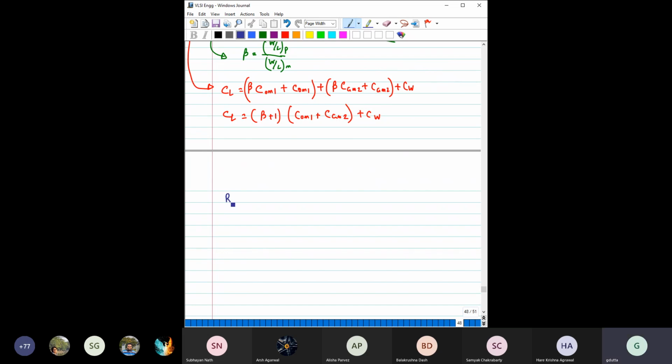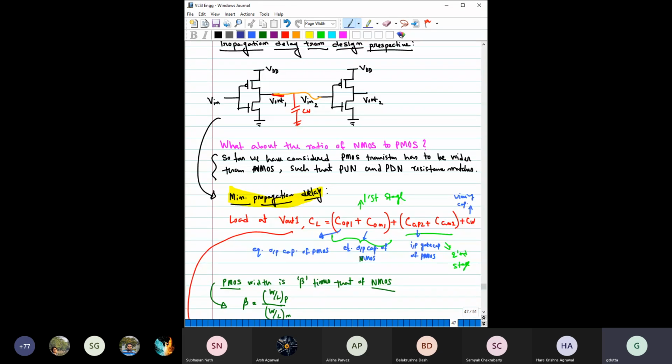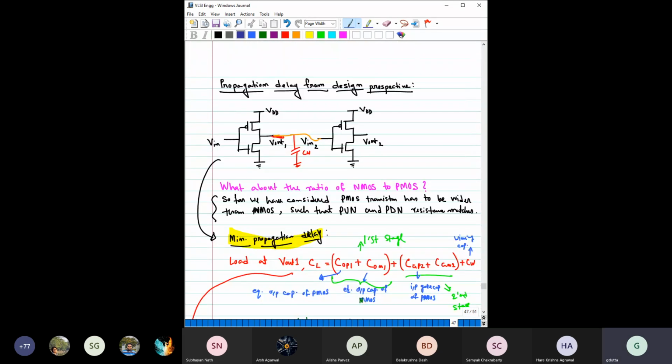R equivalent is the R equivalent of this NMOS plus the R equivalent of this PMOS, right? Can anyone tell me whether this N and P represent which NMOS and which PMOS?